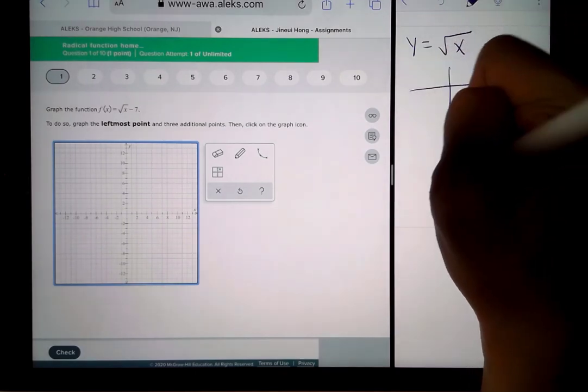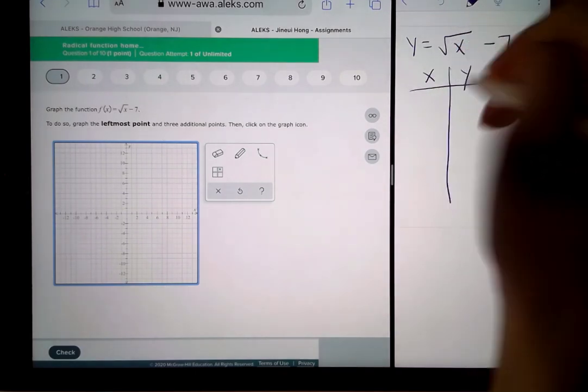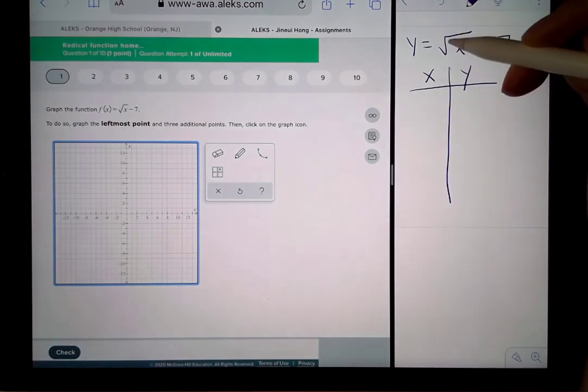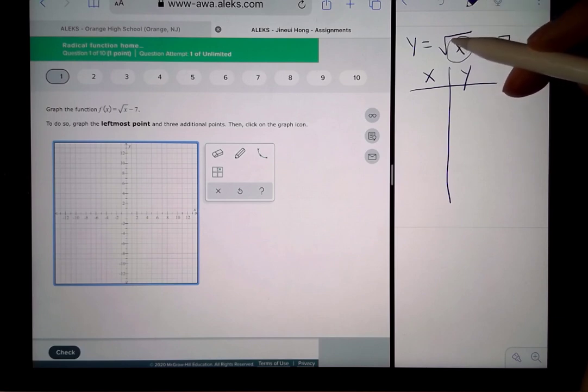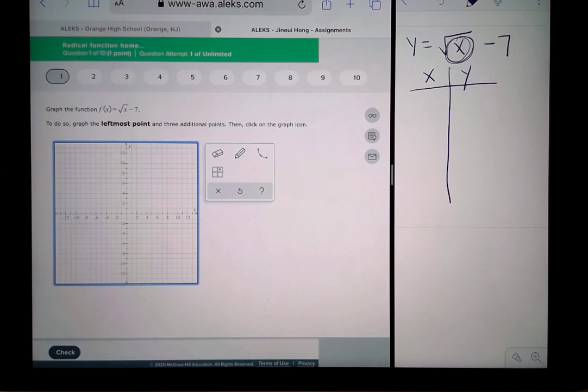You have only x, right? I told you we can't have a negative value for x, so your minimum x value will be 0. Or you can just think about the 0 of the inside, or think about the transformation. Is there any transformation? Horizontal translation? You don't have any, right?